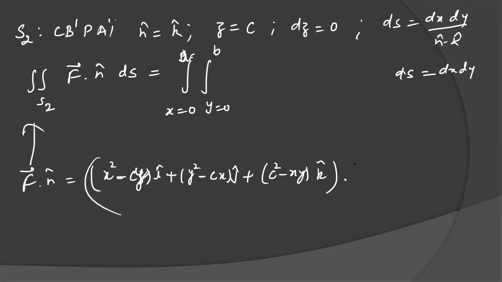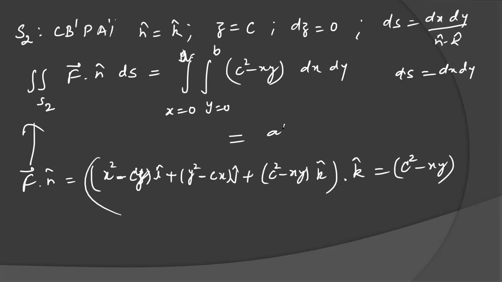If you take the dot product with k cap only, you will get c square minus xy. This is your F dot n cap here, and with dx dy, if you simplify it, you will get abc square minus a square b square by 4. This is your second double integration, the integration for surface 2.